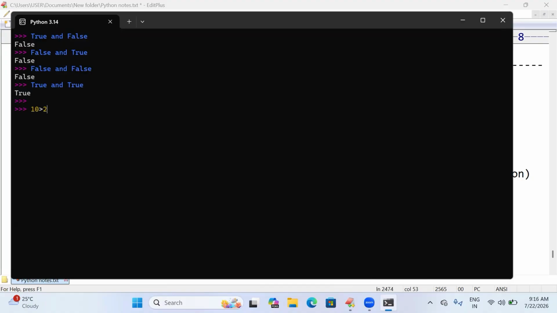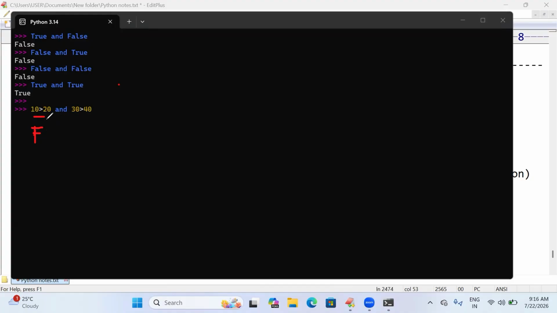See here, 10 greater than 20 and 30 greater than 40. See how it is going to evaluate. 10 greater than 20 is true or false? 10 is not greater than 20, so it is going to be false, right?